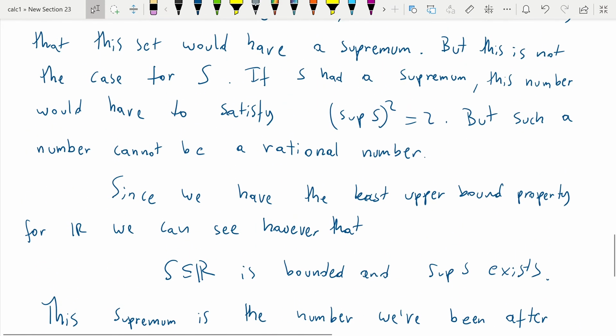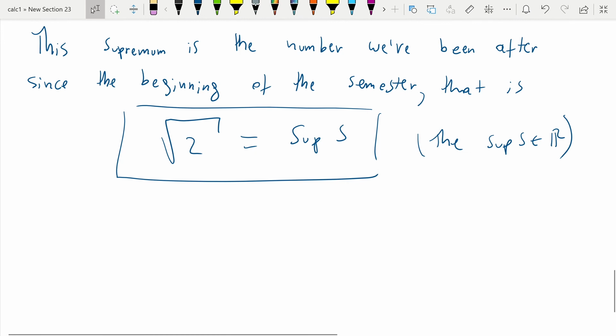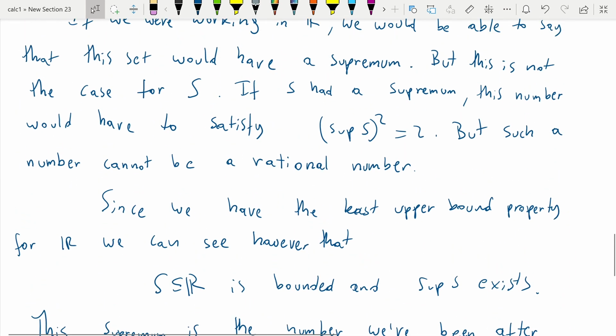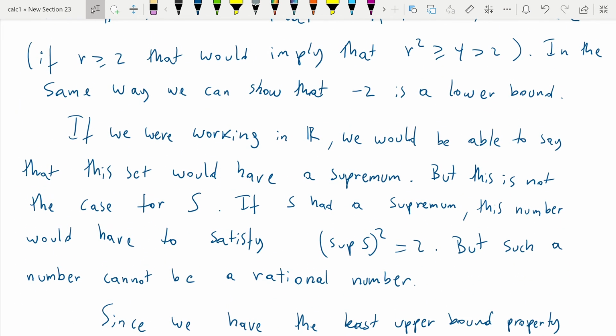Okay, so now we already know that the supremum of this set S will exist in R. So how do we obtain that the supremum has to satisfy the supremum of S squared is equal to 2?